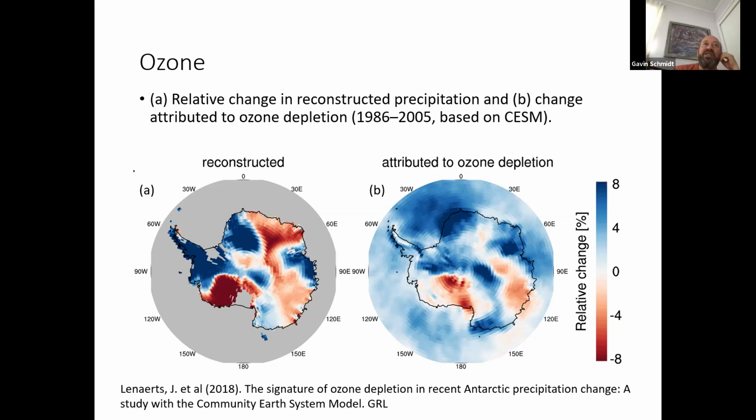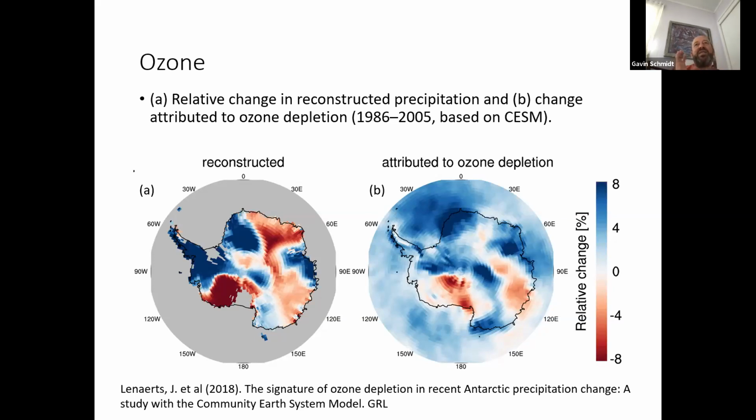We also looked at the signal in water isotopes, so we had water isotope patterns associated with the Southern Annular Mode, and when Eric did a compilation of relatively recent O-18 cores, it showed a very similar pattern.